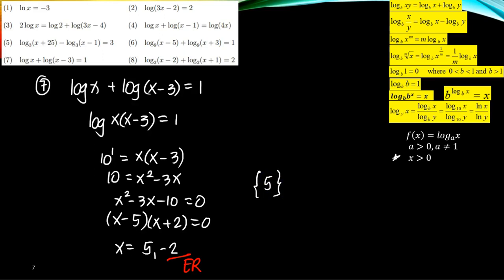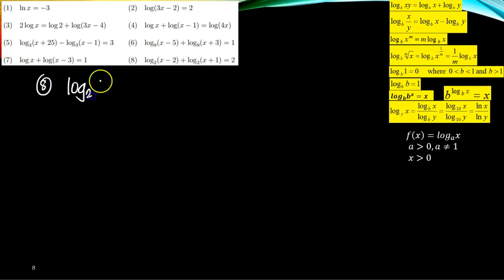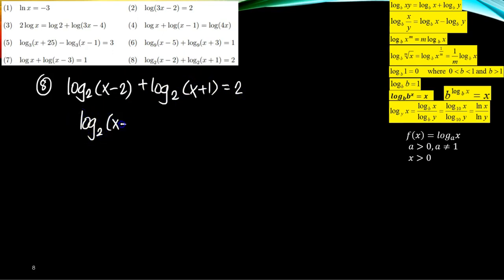Last, let's do number 8. Logarithm base 2 of x minus 2 plus logarithm base 2 of x plus 1 is equal to 2. So since it's plus, we can combine them as a product. X minus 2 and x plus 1 equals 2. Now, since this is one term and then one term on the right, what we can do here is transform.